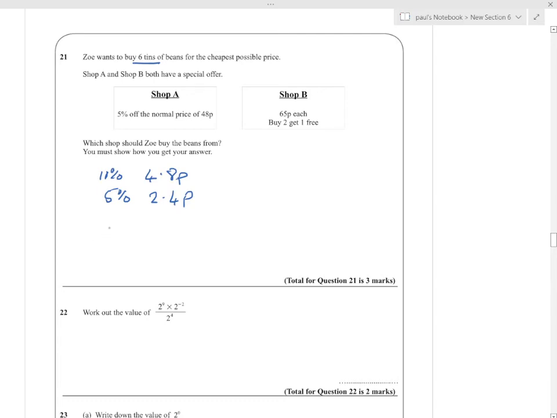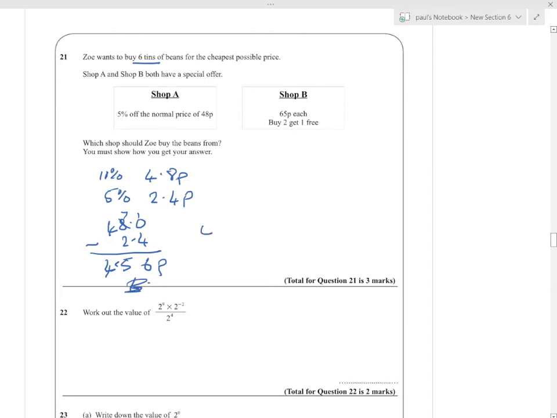So 48 minus 2.4 is 4.56 pence. Yeah, that's the new price of the beans from Shop A. We're going to buy 6. I'm going to do it here. No, I can't.